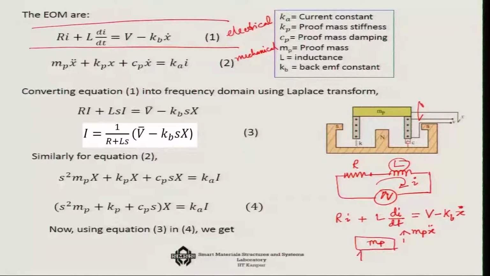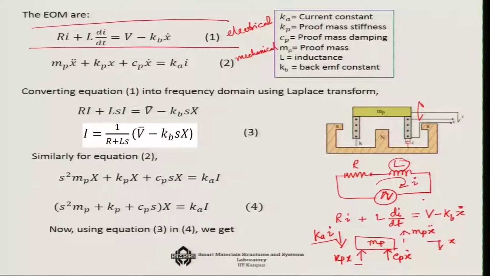Also, the spring resistance Kp x corresponding to the displacement here, and the damper if you have, that is Cp x dot, and all this is happening against a working force which is acting on the system, and that is Ka, the armature constant, and that is proportional to the current that is passed into the system.